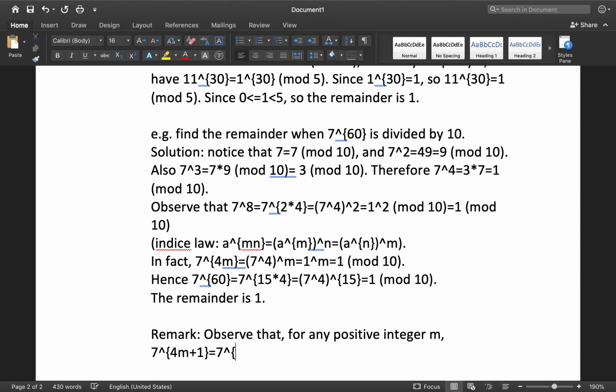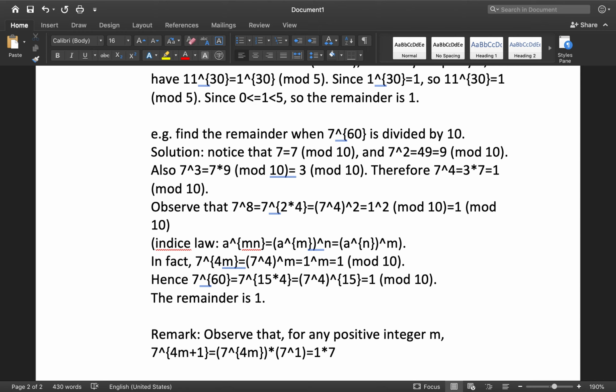You don't have to do any congruence. You just split the index. So 7 to the power 4m, you multiply this number by another number, which is 7 to the power 1. Because you can split the index. If you have a sum, then you can split it into a product. Then again 7 to the power 4m, that is 1.